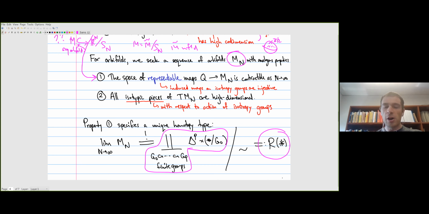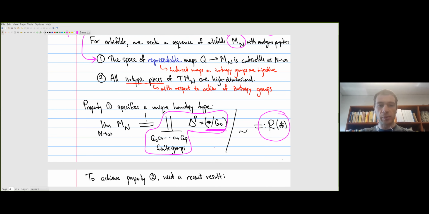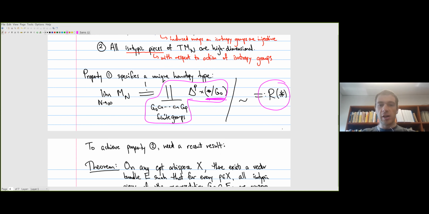Now, if you have an orbi-homotopy type, meaning something like this but built out of cells which have this sort of thing in it, it's not immediately obvious that you can build an orbifold which is homotopy equivalent to it. The key point to prove that is the following result.